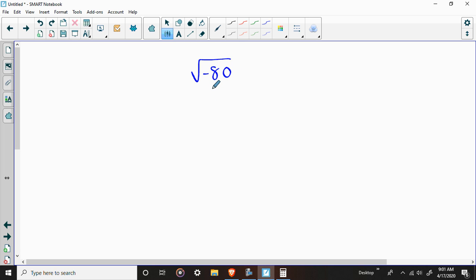You would probably say, all right, what's a perfect square that goes into 80? Well, let's go square root of 16 times the square root of 5 times the square root of -1. Square root of 16 is 4. Square root of -1 is I. Square root of 5 is square root of 5. Okay?